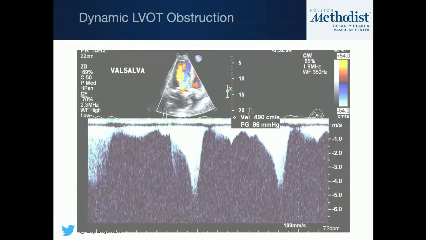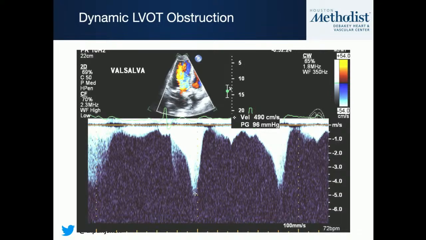And then, in the interest of time, I do want to point out one caveat: if you're looking for dynamic LVOT obstruction, recognize we know from the echo Doppler that the time this jet is peaked is very short. As a result, because of the lower time resolution of the phase contrast MRI, you can significantly underestimate it.